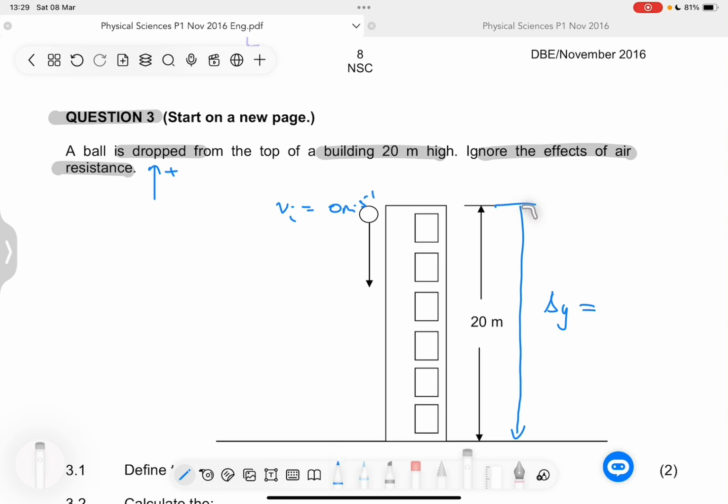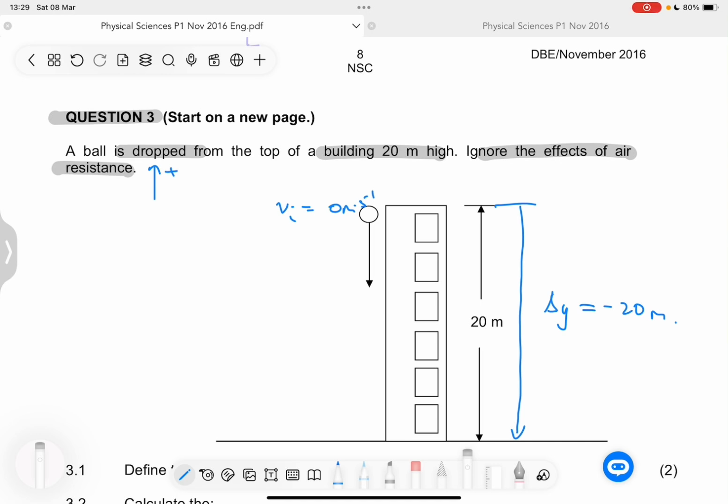And because it's a vector that goes downwards, do you see that this vector goes down? When the ball gets here, it will have covered this displacement of 20 because it's the height of the building. It means my 20 here is going to be negative 20 meters because it's a vector that goes exactly in the opposite direction of what I chose. The up is positive and it's going downwards.